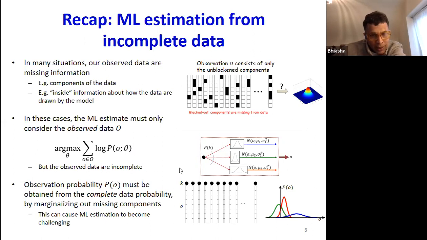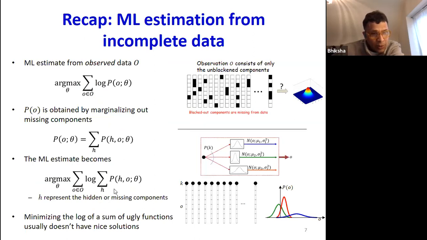And so the way you would compute the probability of just the observed components is to write out the probability for the complete data, including the missing values, like the identity of the Gaussian here, or the missing components here, and then marginalizing out the missing components.